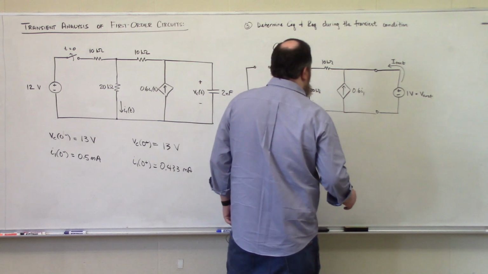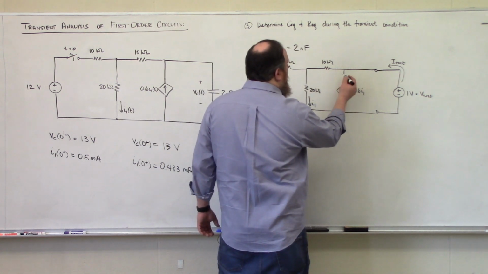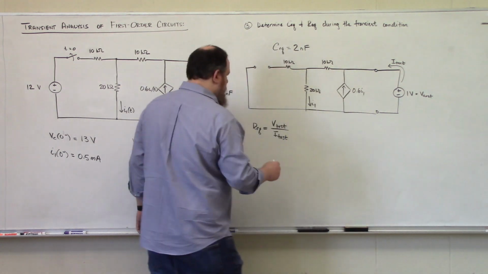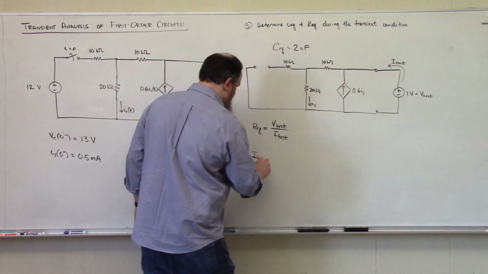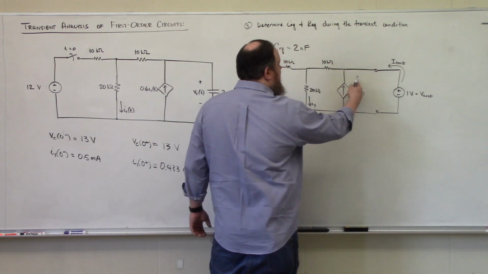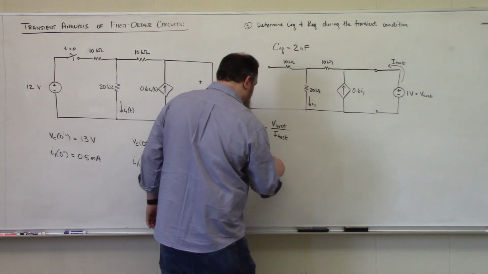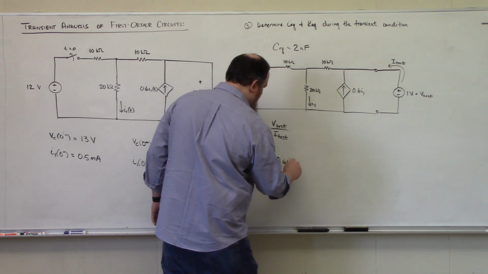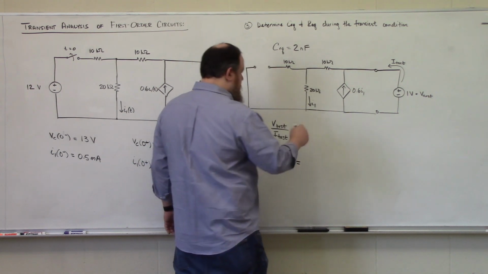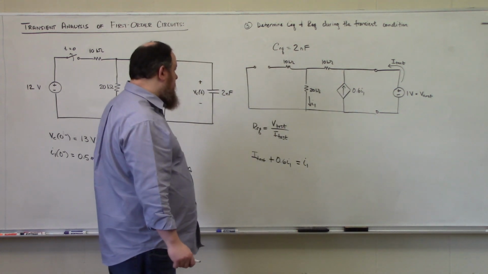So what I mean specifically by that is that I test is flowing in, 0.6 I1 is flowing in, and that will be equal to the current that's leaving the node, which is I1.